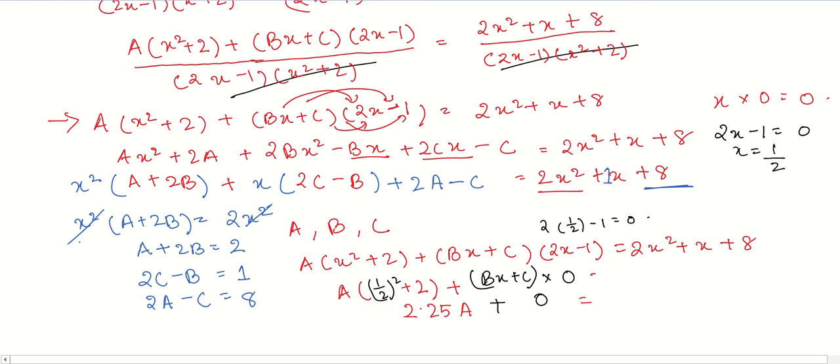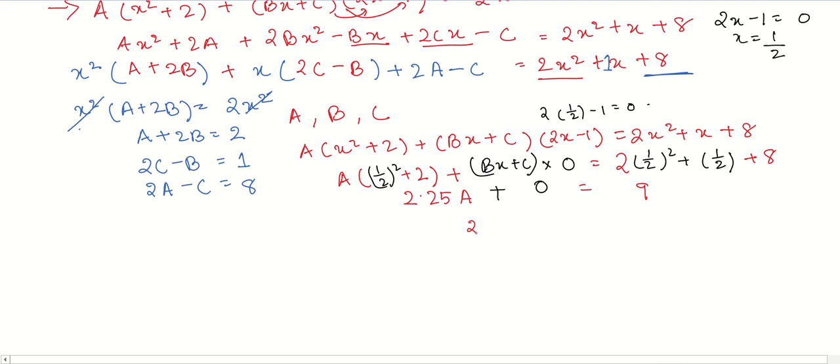Instead of x, we're just going to put 1 by 2, all right? We're making x equal to 1 by 2, and for all the x's, we're going to put 1 by 2. So 1 by 2 squared plus 1 by 2, and I had a coefficient of 2 over there, and plus 8. So this is going to be equal to 9, all right?